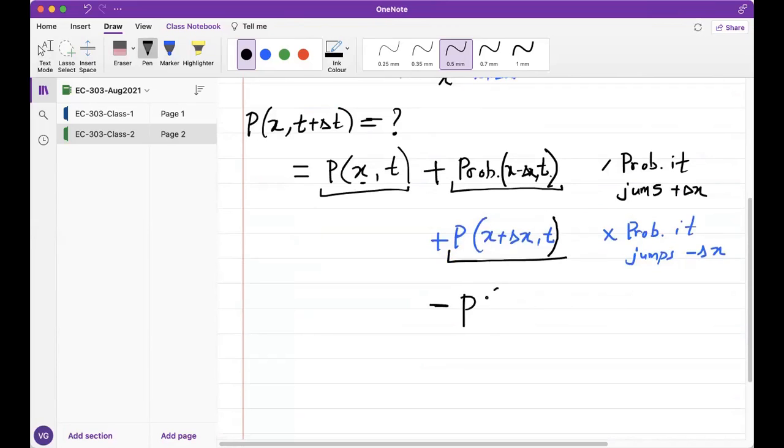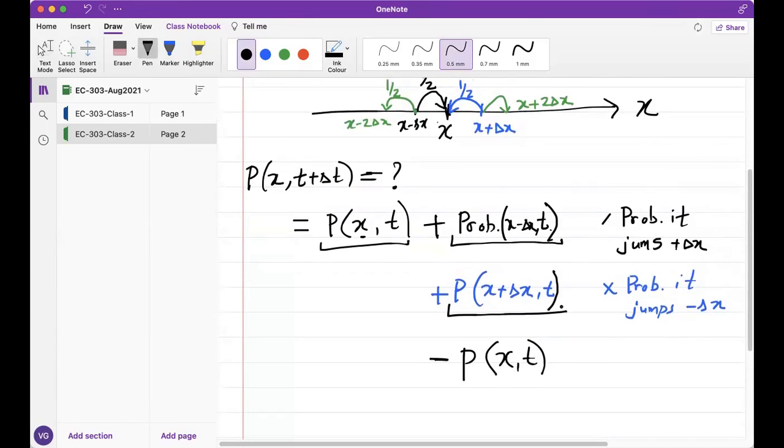The animal was at x, and then it jumped to one of the 2 directions, so it could have gone from here to either here or here.